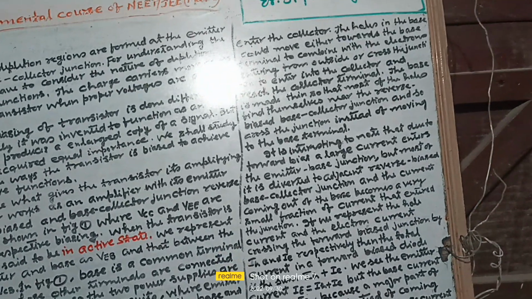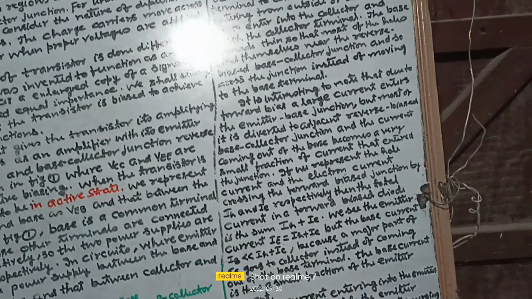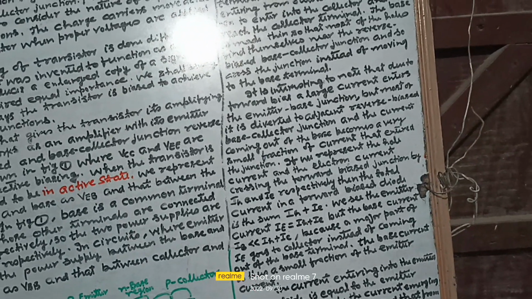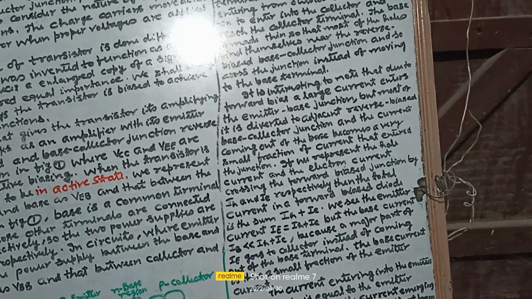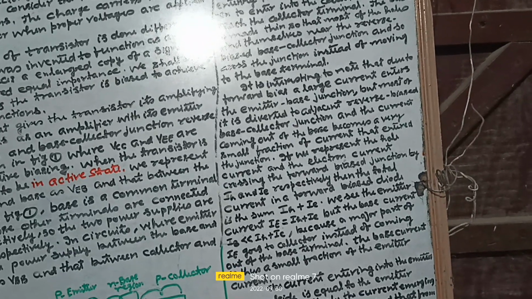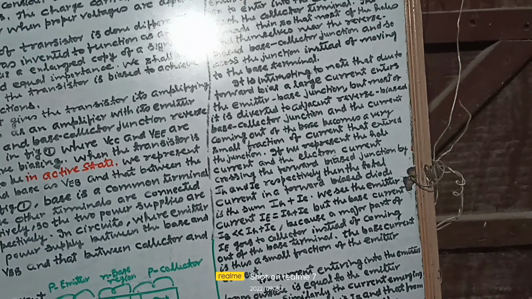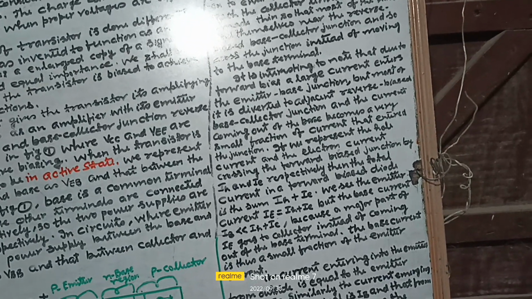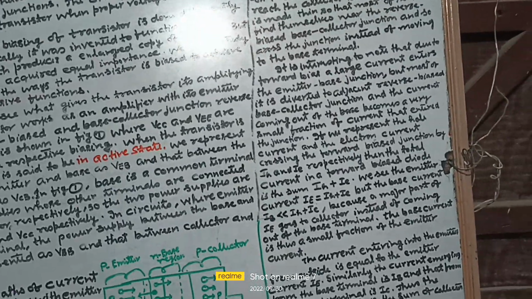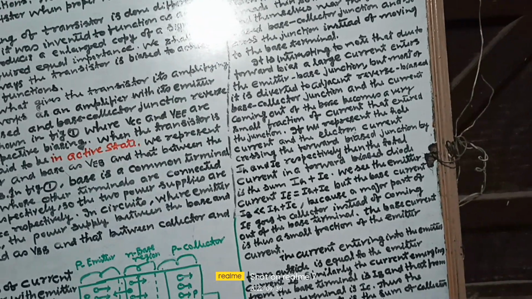It is interesting to note that due to the forward bias, a large current enters the emitter base junction, but most of it is diverted to the adjacent reverse biased base collector junction, and the current coming out of the base becomes a very small fraction of the current that enters the junction. If we represent the hole current and the electron current crossing the forward biased junction by IH and IE respectively, then the total current in a forward biased diode is the sum IH plus IE.